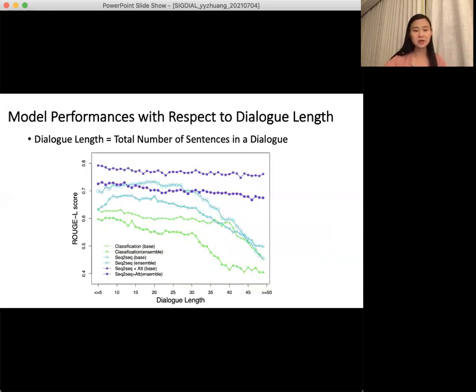In this figure, we compare the model performance for varying lengths of dialogues. We observed that the performance of the classification models and the sequence-to-sequence models dramatically decreases as the length of the dialogue increases. However, the sequence-to-sequence with dynamic attention model showed no significant performance decrease, even with dialogues of 50 or more sentences.